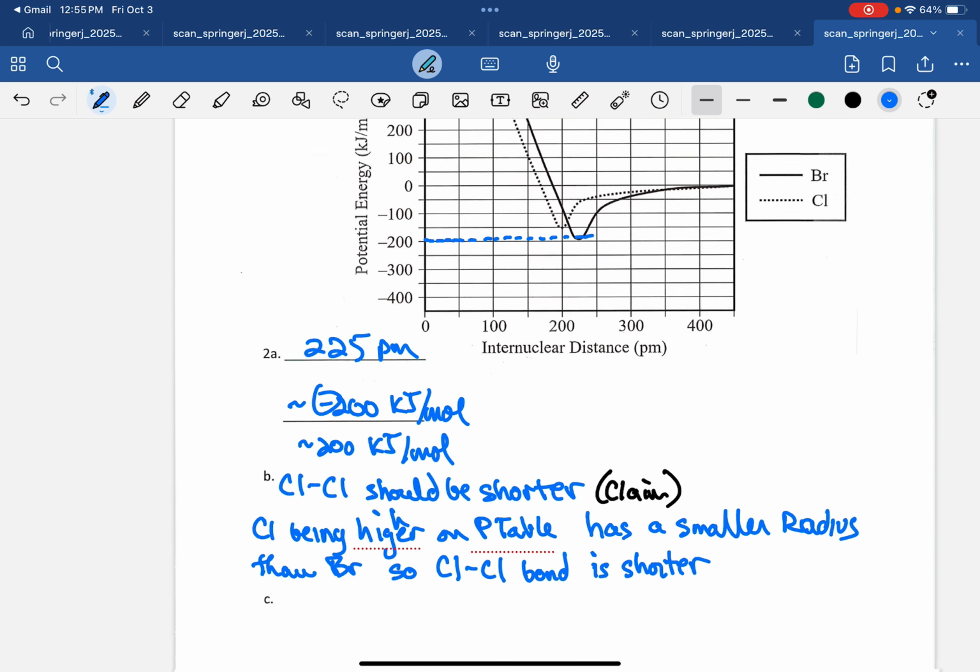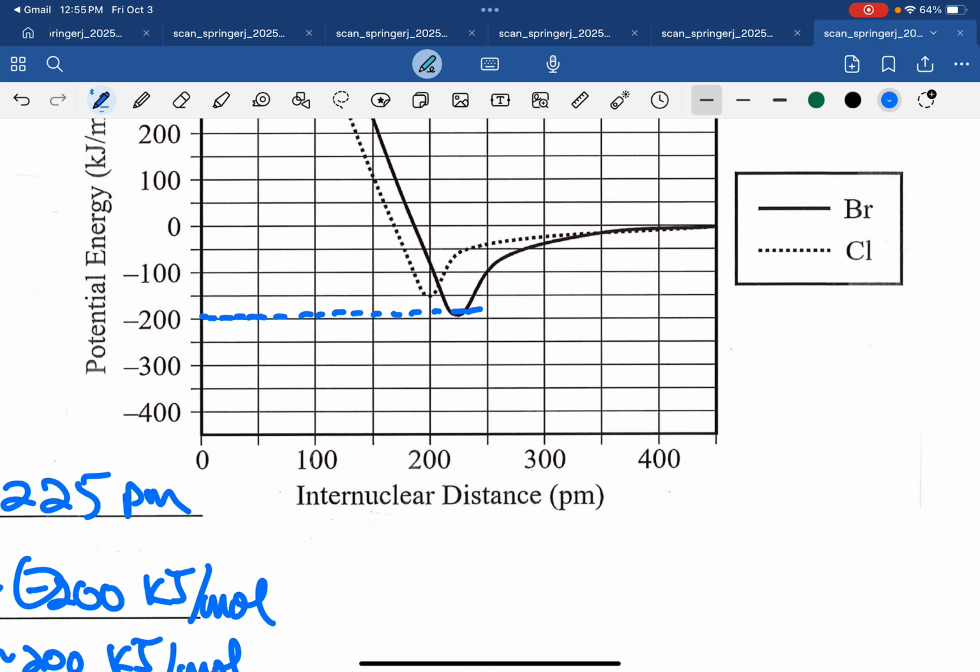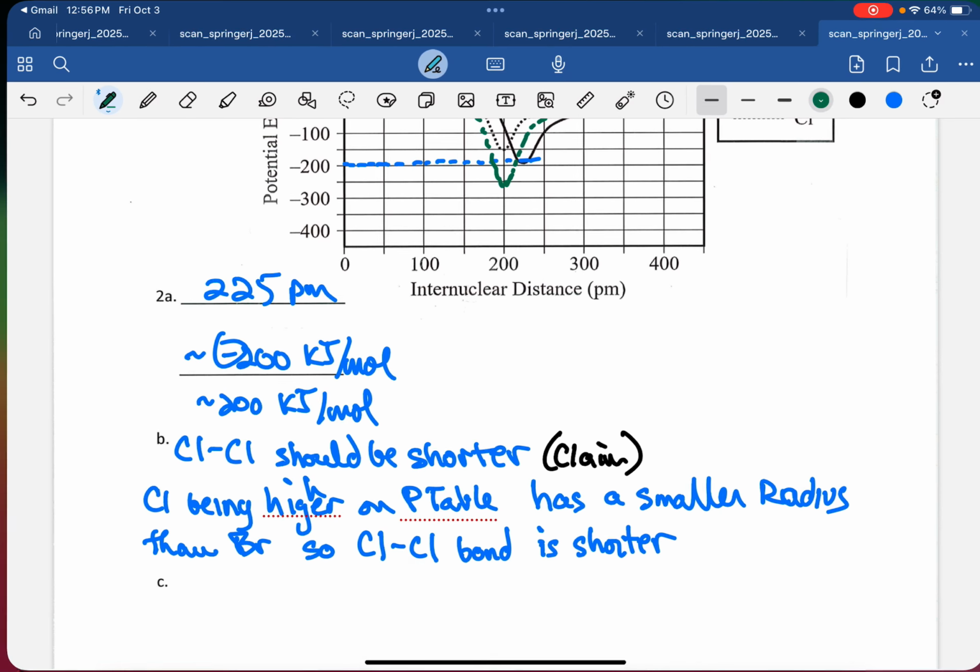So the error is, it should have come down farther. The Cl-Cl should be deeper than the Br-Br. Okay.